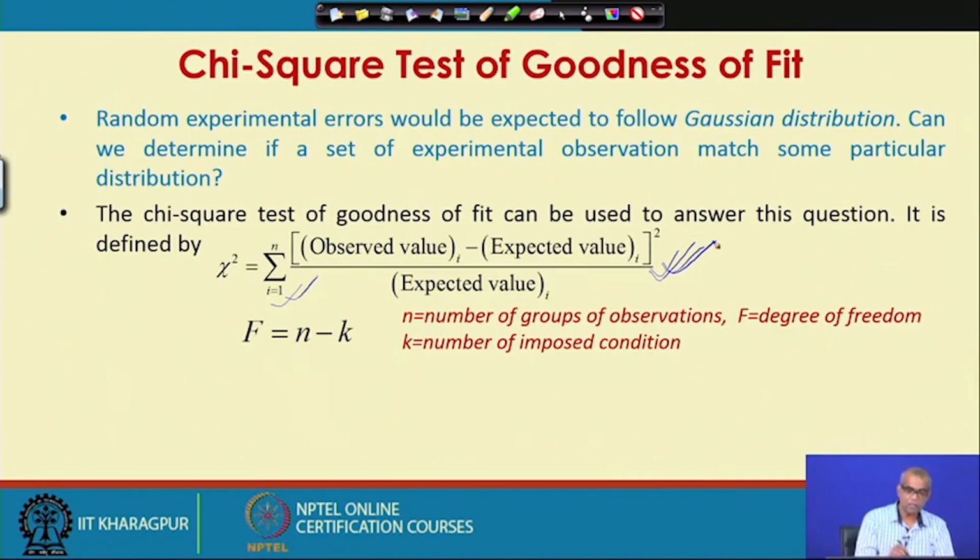Let us define another term known as degrees of freedom, which is n minus k, where n is the number of groups of observations, also known as number of cells, and k is the number of imposed conditions.